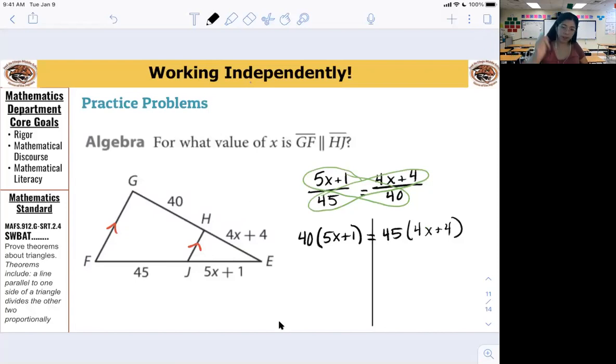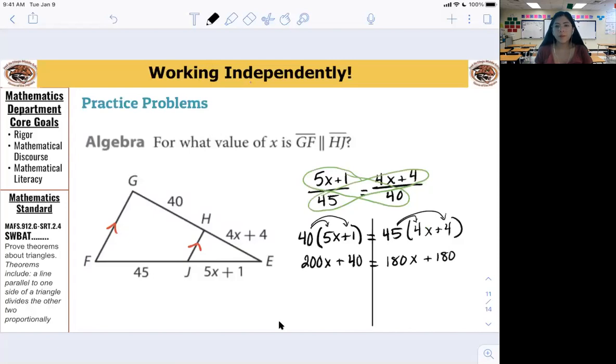So 40 times 5? 40 times 5 is 200, so 200x plus 40. What's 45 times 4? 180, equals 180x and 180. Good.